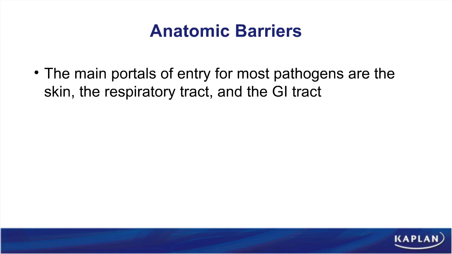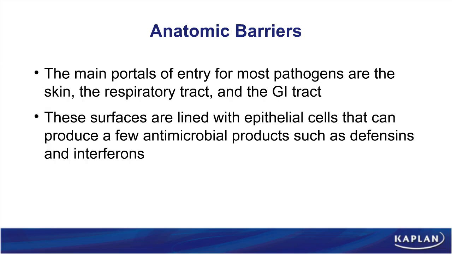Let's first take a look at the anatomic barriers. There are obviously several different portals of entry for pathogens, but the largest are the skin, the respiratory tract, and the GI tract. All of these surfaces are lined with cells that can sort of help as far as resisting microbes. There are molecules such as defensins and interferons that we will talk about in a little bit.